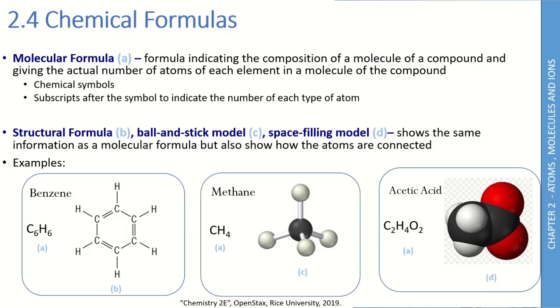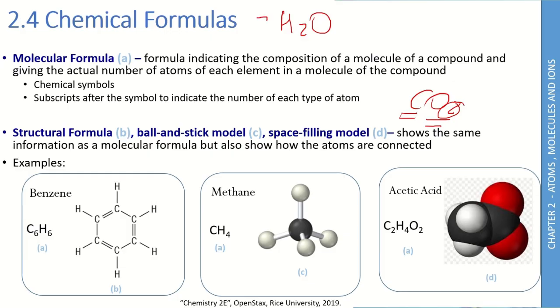For example, if I have CO2, I have 1 carbon and 2 oxygen, so carbon dioxide. The subscript indicates the number of each type of atom. So if I write this, I know it has 2 hydrogen and 1 oxygen, right? That is the water molecule.